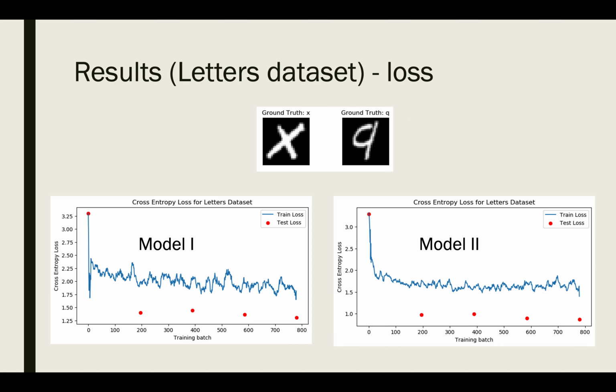So the next class of dataset is letters, and we have applied both models to this class of the dataset. First, the training loss is compared for model 1 and model 2. We can see that for model 2 the cross entropy loss is slightly lower than 2, but for model 1 it is higher than 2.